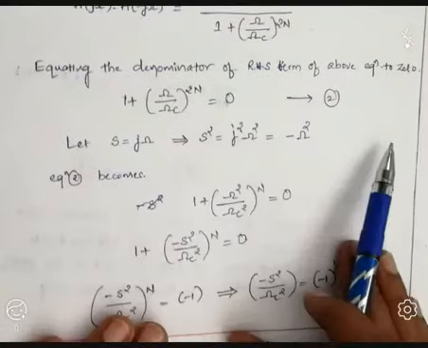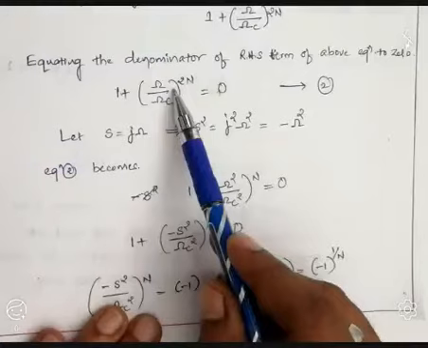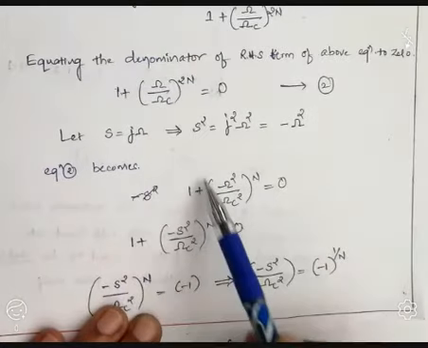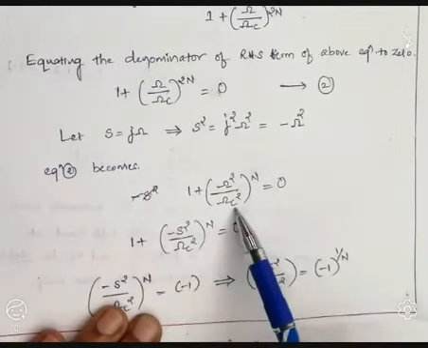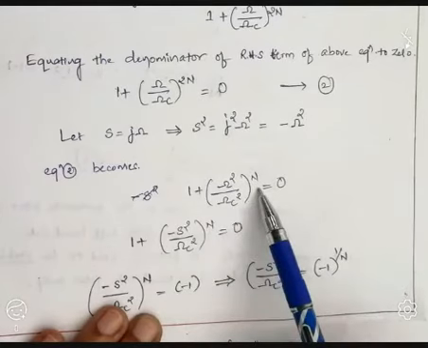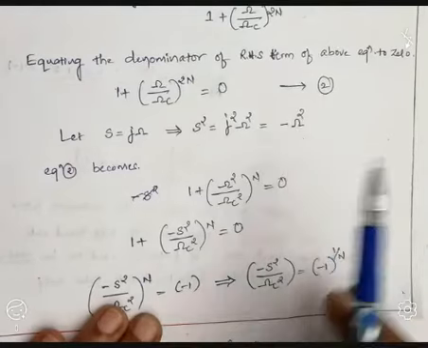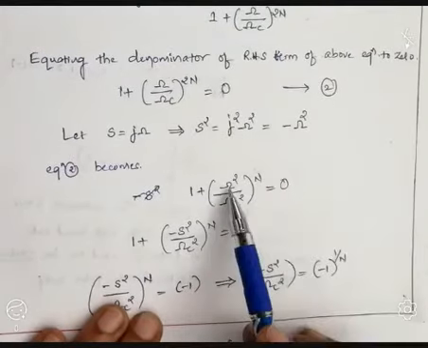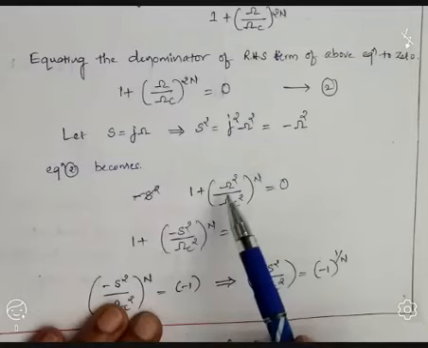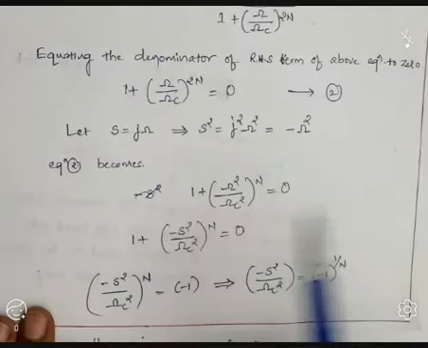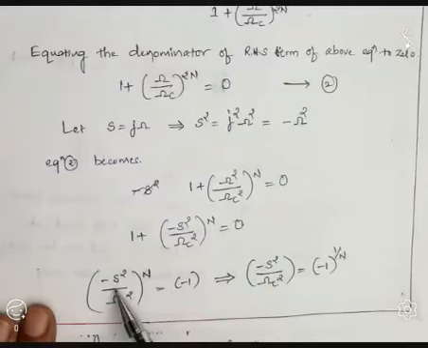So I will take this square inside the bracket. This equation becomes 1 plus omega square divided by omega c square, to the power n, equal to 0. And we got s square equal to minus omega square. Hence this one I will replace as minus s square. Hence this equation becomes 1 plus minus s square divided by omega c square to the power n equal to 0.